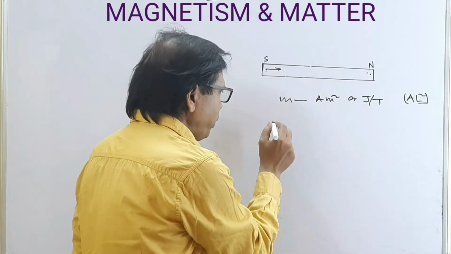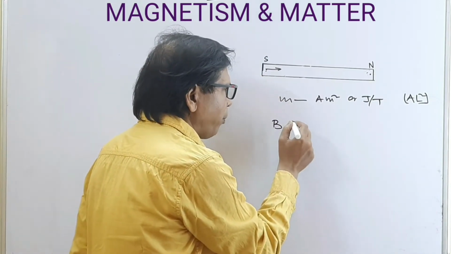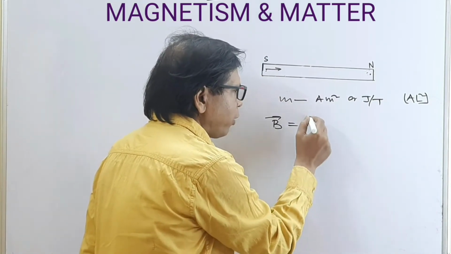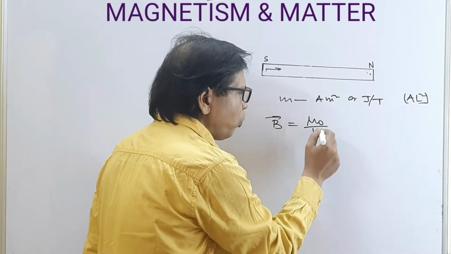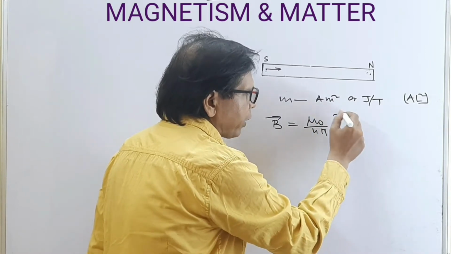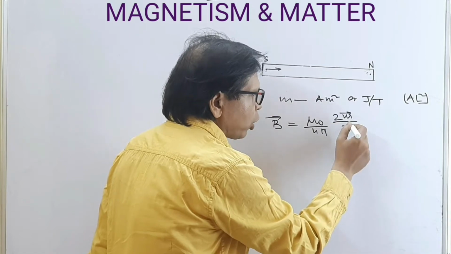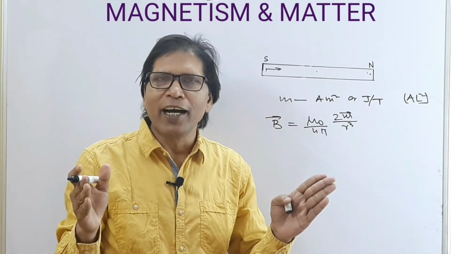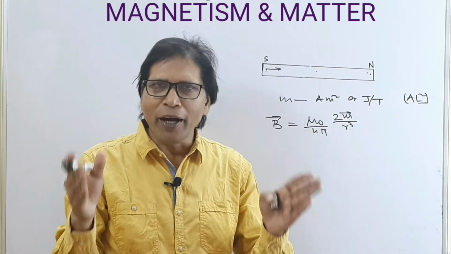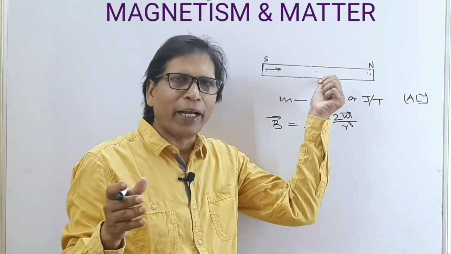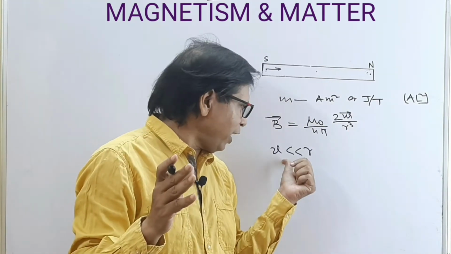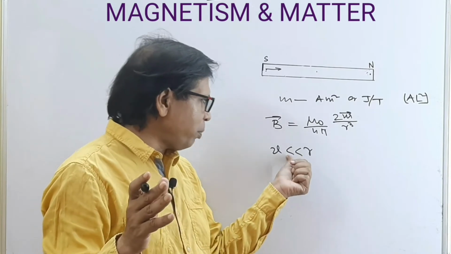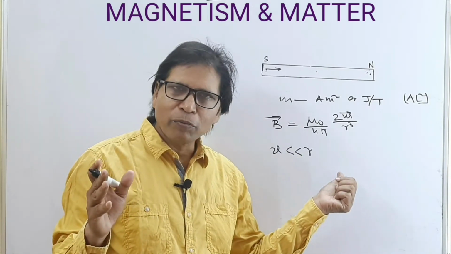The magnetic field on the axis of a bar magnet, B vector equals mu naught by 4 pi into 2 m vector divided by r cube, where r is the distance of the point from the center of the magnet, and magnetic length 2L is very small.